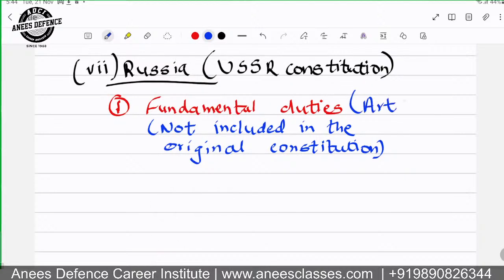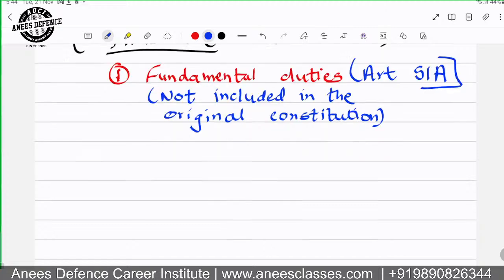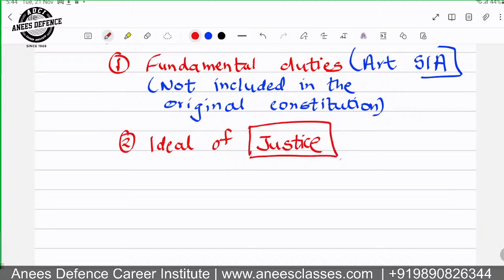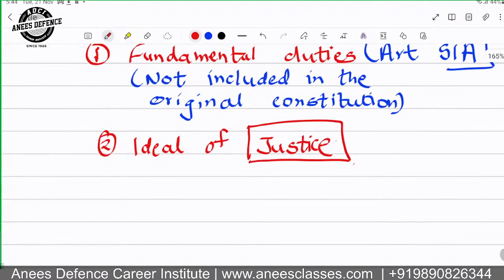Article 51A, fundamental duties, and the ideal of justice. Justice means fairness, and this word is included in the preamble. After we start the topic of preamble, we will dive into this concept in detail.